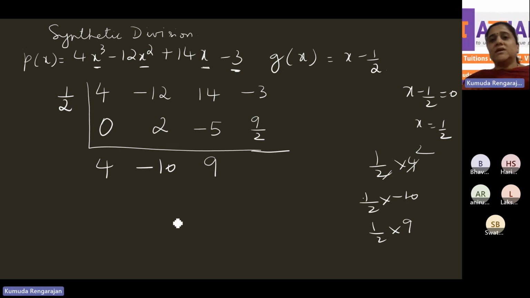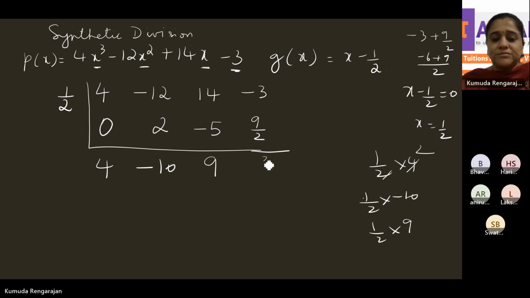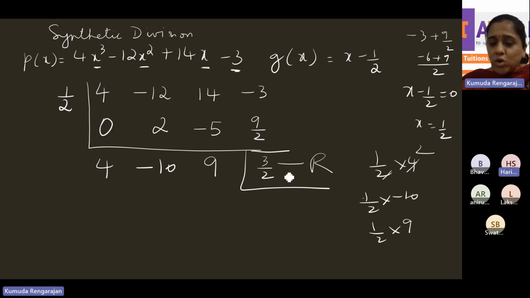Now minus 3 plus 9 by 2. On taking the LCM, you get minus 6 plus 9. Correct? 3 by 2. Yes, miss. The last number here is the remainder. And the quotient is, this is the constant. 9 means plus 9, no?